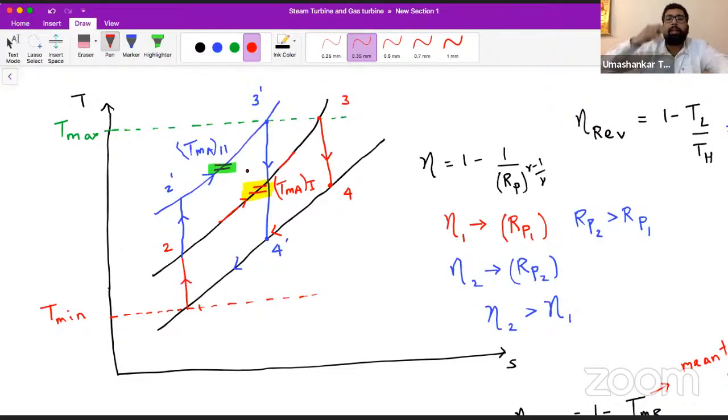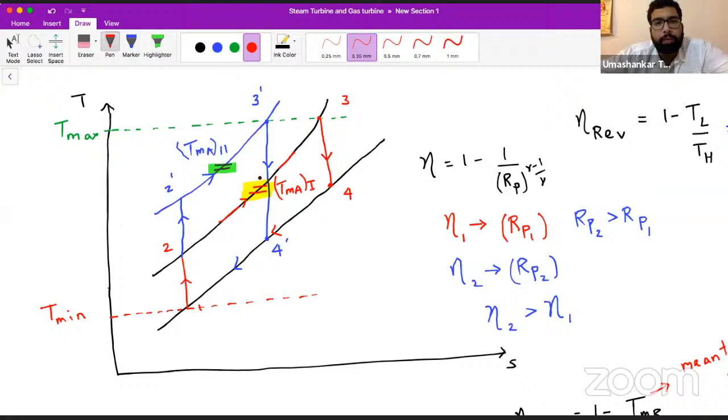can we say, in comparison to TMA1, the mean temperature of heat addition in the first cycle, that by increasing the pressure ratio, the mean temperature of heat addition increases? Is it true or not?